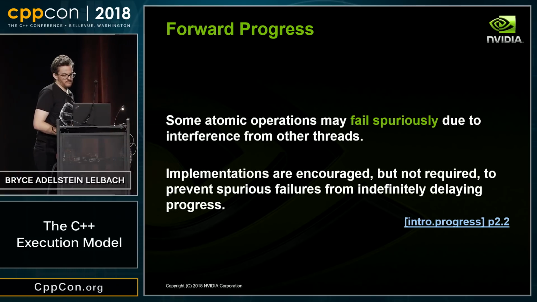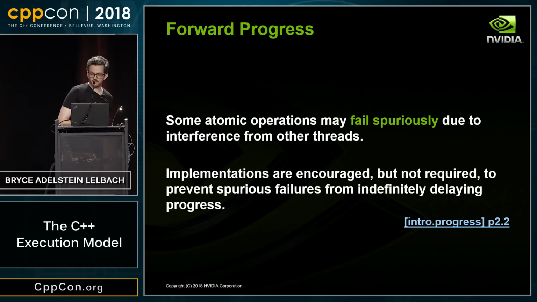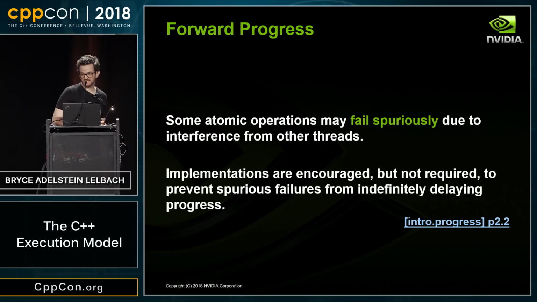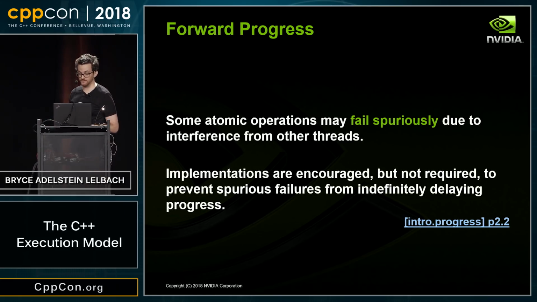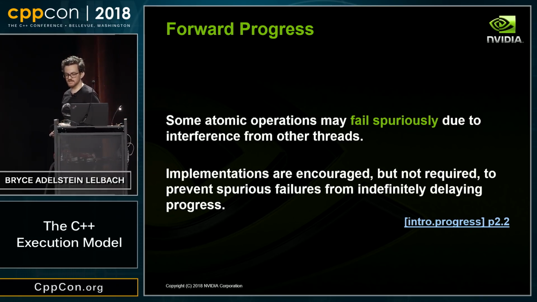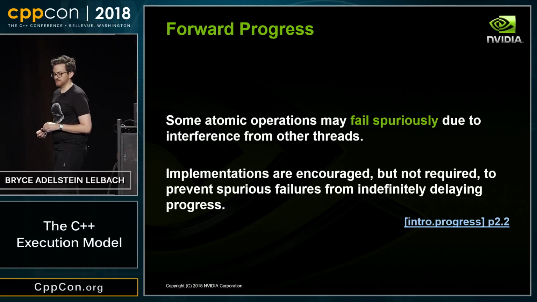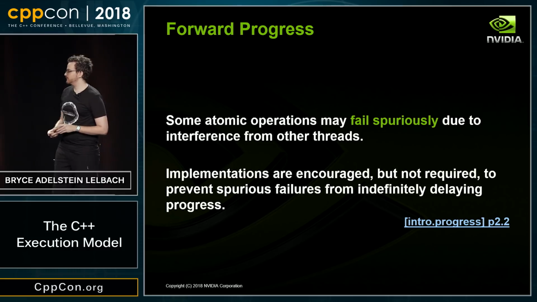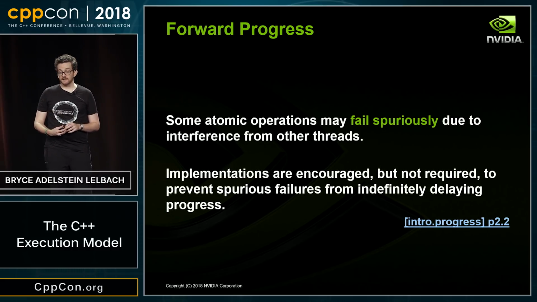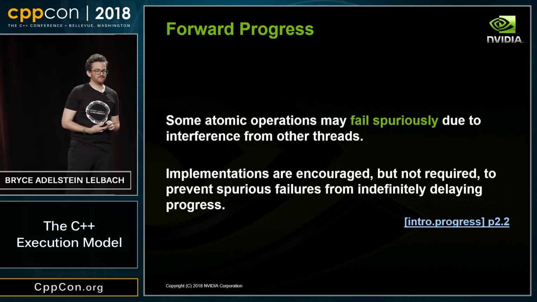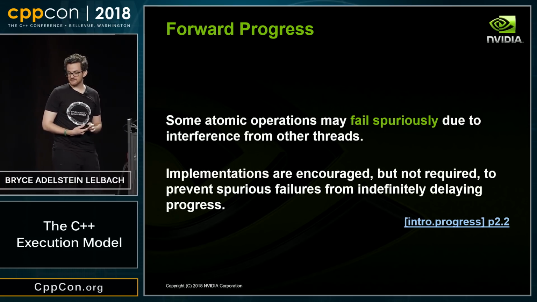One note here: some atomic operations may fail spuriously due to interference from other threads. Implementations are encouraged but not required to prevent these spurious failures from indefinitely preventing a thread from making forward progress by executing execution steps. In practice, the fact that this is encouragement and not a guarantee is not really a problem.